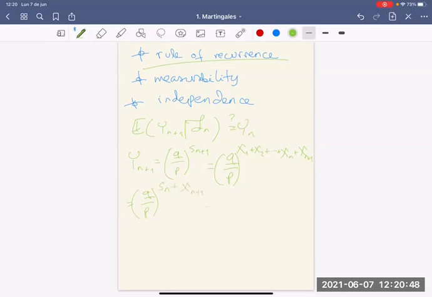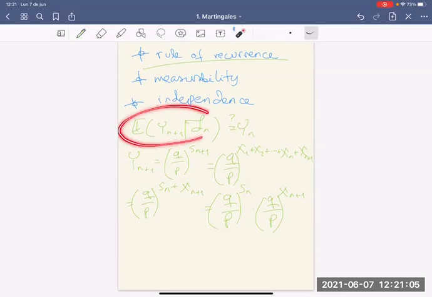can be written like this: Q divided by P raised to this power multiplied by Q divided by P raised to Xn plus 1. And now the only thing we have to do is to write this conditional expectation, right? Now, observe that we are talking about just symbols. So we just need to copy and paste all this, right?